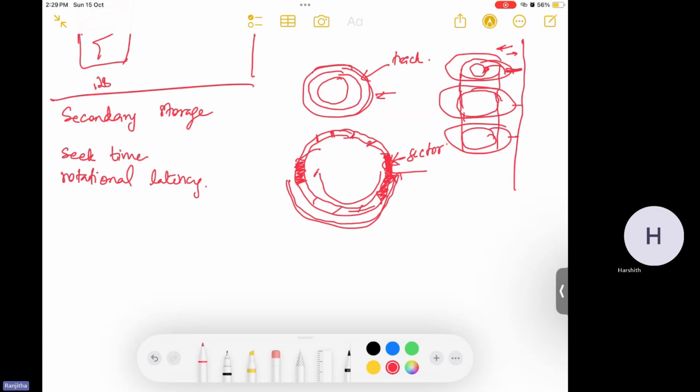And once the rotation reaches here, we will start initiating the data transfer. So, transfer latency.